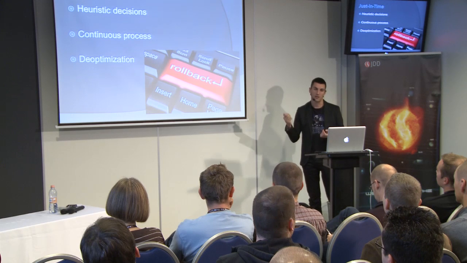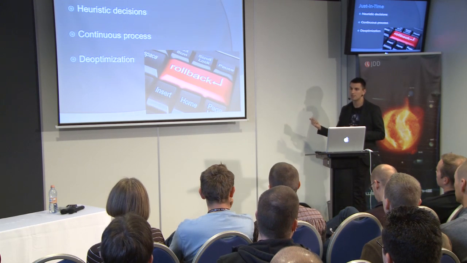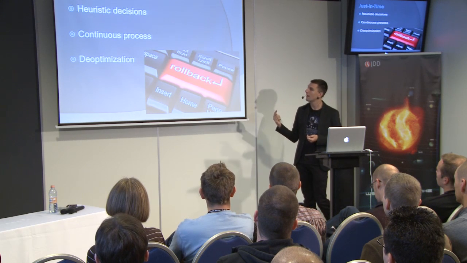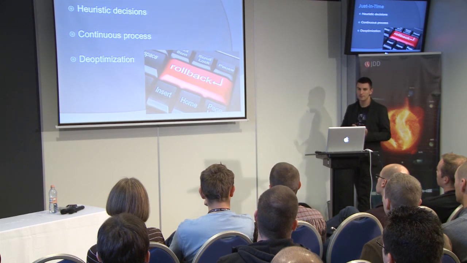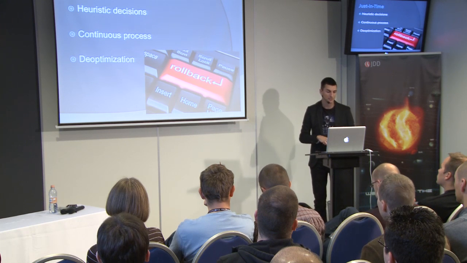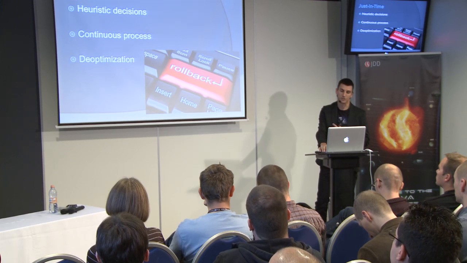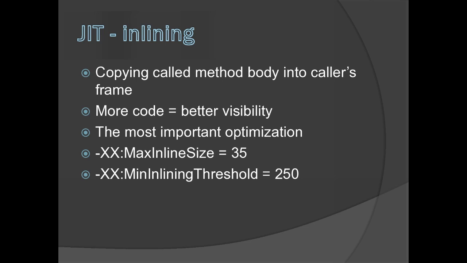For example, I can have monomorphic code, and after loading some new class, my code changes into polymorphic. So JIT has to de-optimize, to roll back all the optimizations it did before. So it's very important to know that it's not an all-or-nothing process.